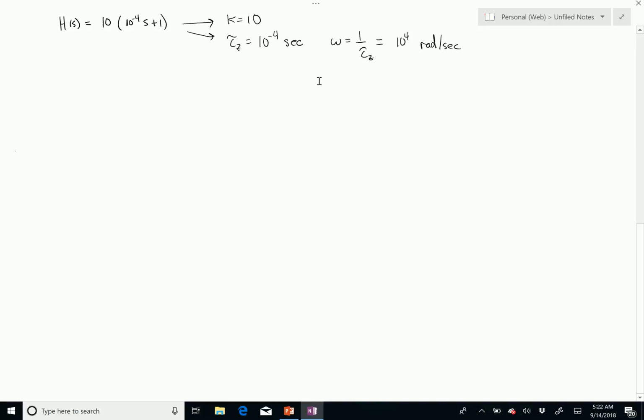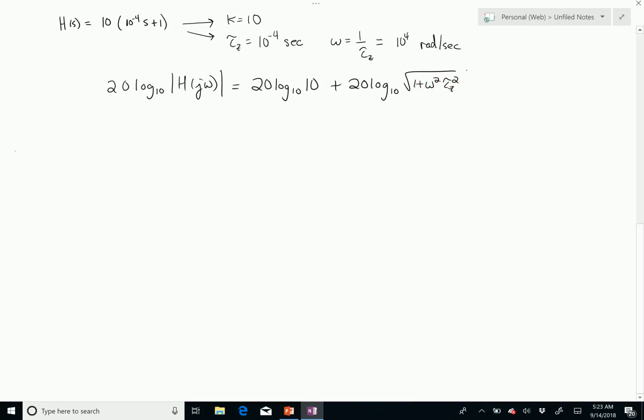Now, if we do this in log space, we know 20 log 10 of |H(j omega)| is 20 log 10 of 10 plus 20 log 10 of the square root of 1 plus omega squared tau z squared.